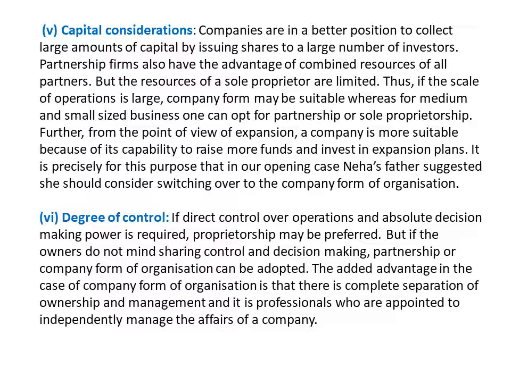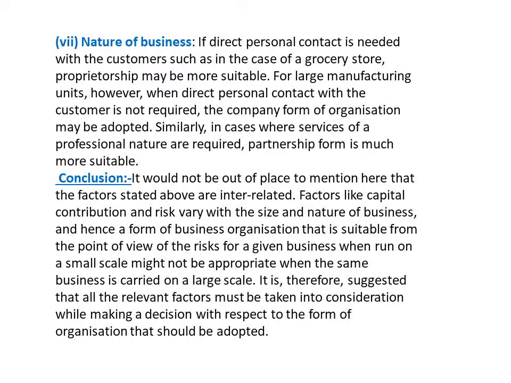If you can permit others to take decisions, then you have to go with the corporate sector or the company form of organization. Nature of business. If the business is of such a kind that personal contact is needed, as we have studied, then sole proprietorship and partnership forms are best. Similarly, if some kind of professional nature of activities is required, then the company as well as partnership is more suitable.